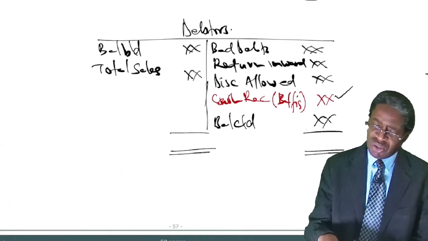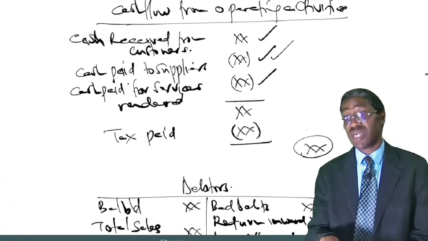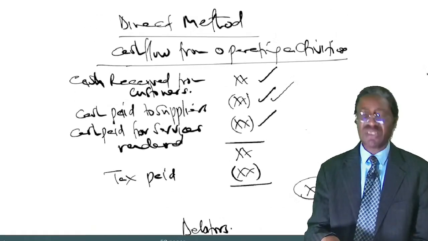Before I talk about the third one, because the third one is the most critical one, that is cash paid for services rendered, maybe we can put down something now.